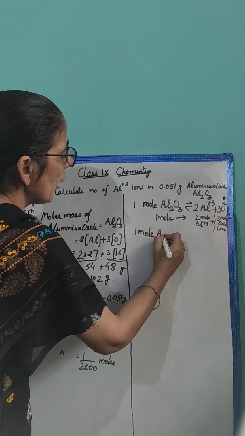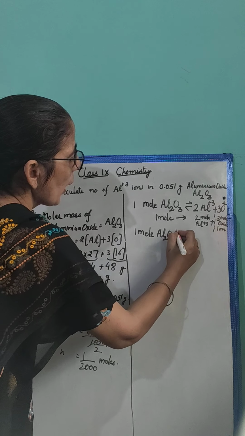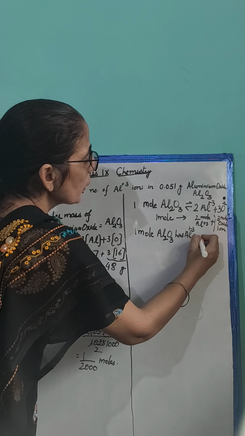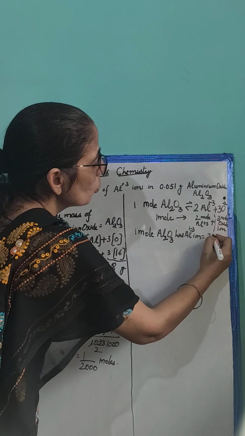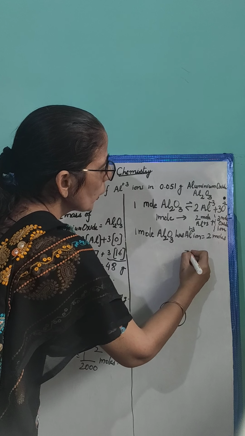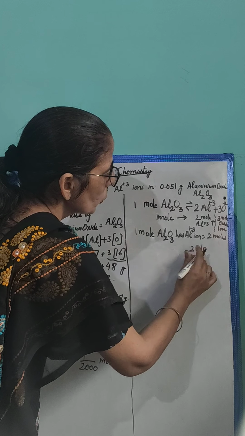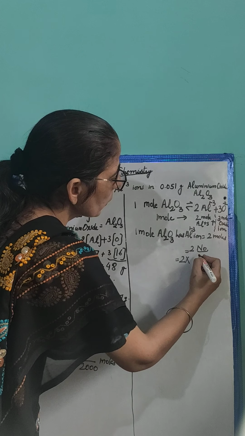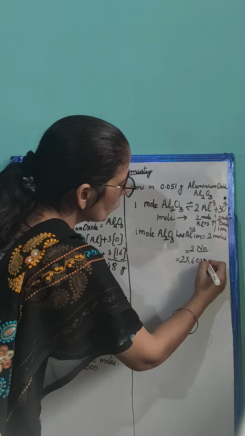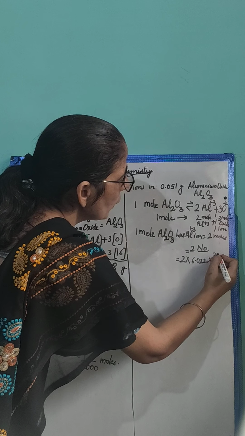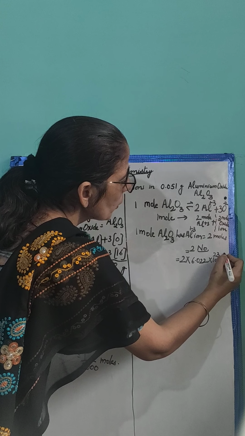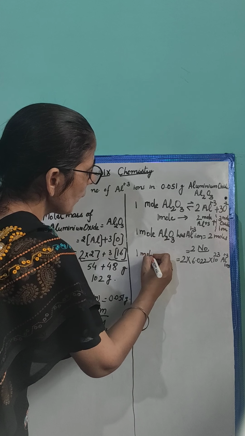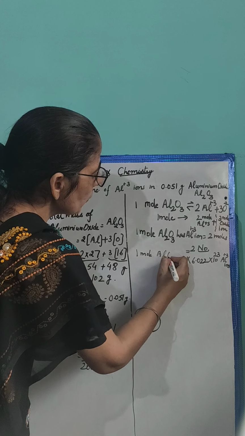So for 1 by 2000 moles: 1 mole of Al2O3 has how much aluminium ion? 2 moles. 2 moles means 2 into N naught, which is 2 into Avogadro number, 2 into 6.022 into 10 to the power 23 aluminium ions. So 1 mole contains this many aluminium ions.